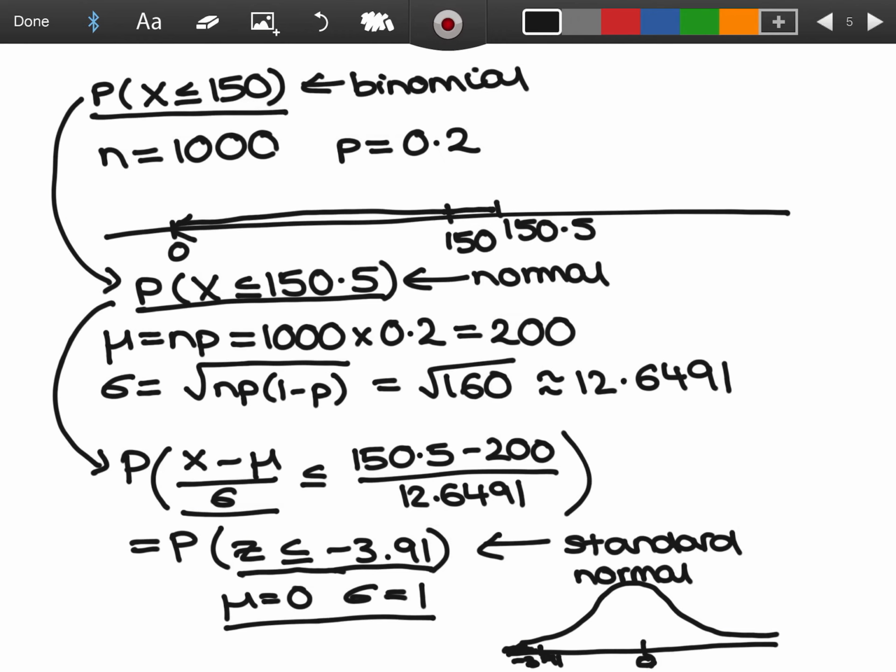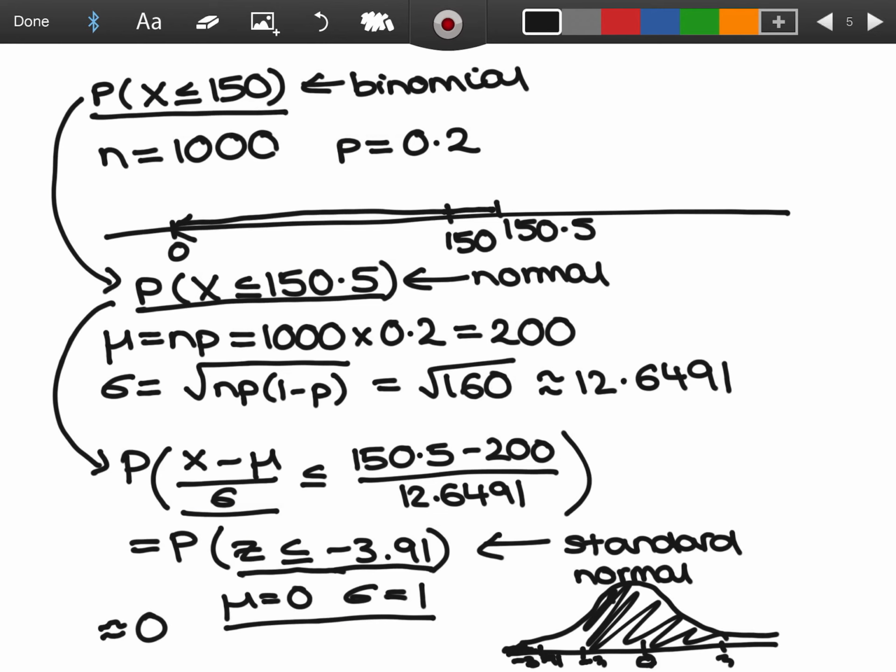Now remember, within 3 standard deviations of the mean, so 3 standard deviations above and below, within that range you should have roughly 99.7% of your data. So it's looking way down one end and saying how much of the data have we got below 3.91 standard deviations below the mean? Pretty much nothing, okay? So the fact that this thing actually comes out to roughly 0 makes sense, okay?